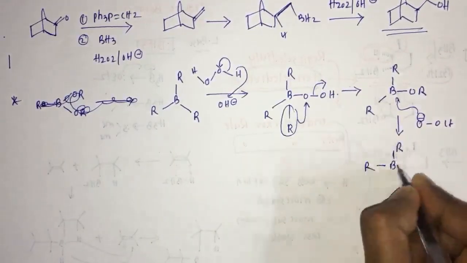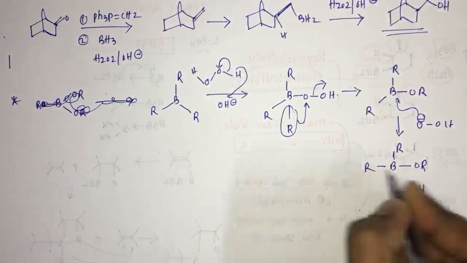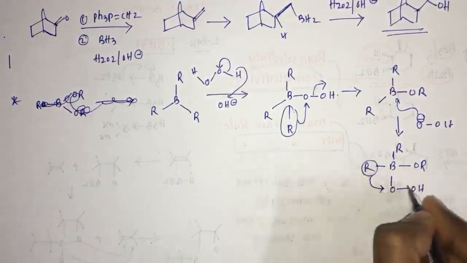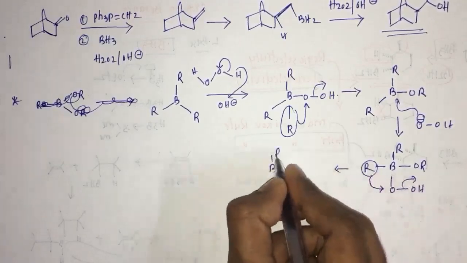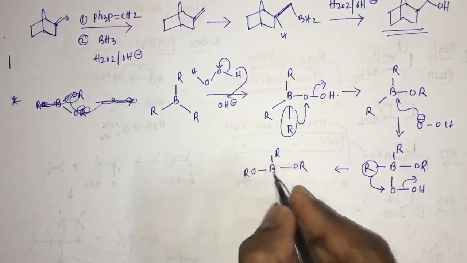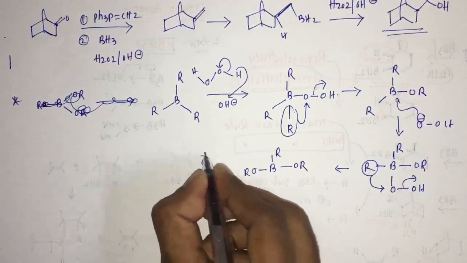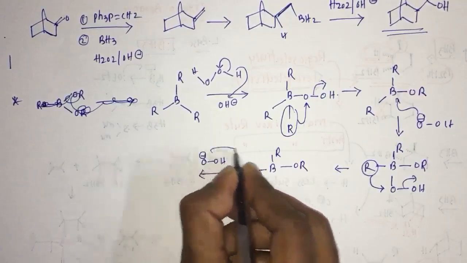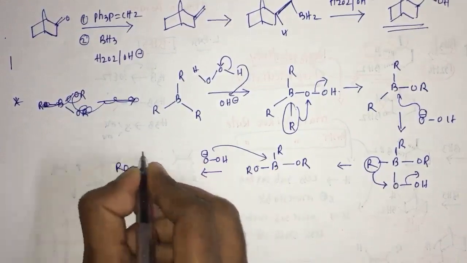R, OR, OH. Now this alkyl group migrates to here, again OH gets eliminated. R, OR, OR, and one more alkyl group is there, for that one more hydroxyl group. So finally we'll get 3 alkoxy groups.